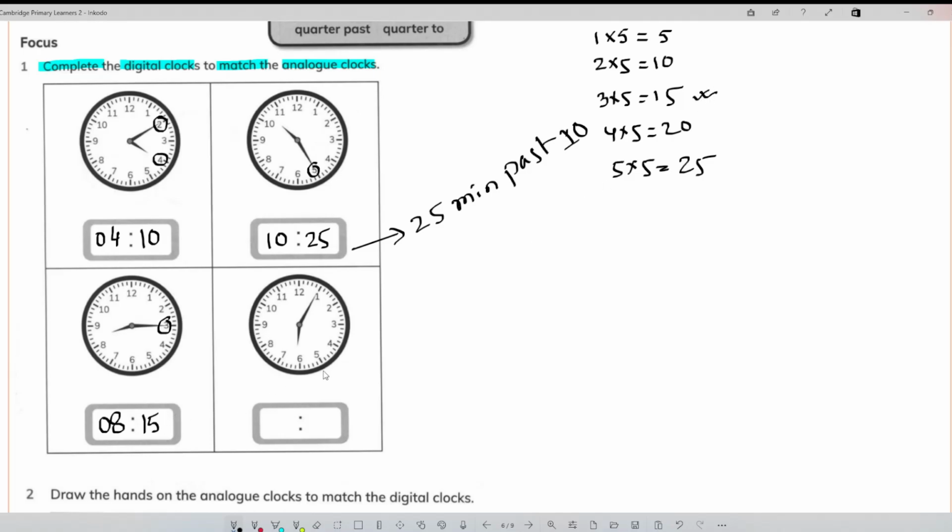Okay, next, the hour is slightly left of 7 from 6 but not 7, it means this is 6, and the minute on 1 means 1 times 5 is 5, so 0, 5. So very simple, we are trying to solve digital clocks to match the analog clocks.